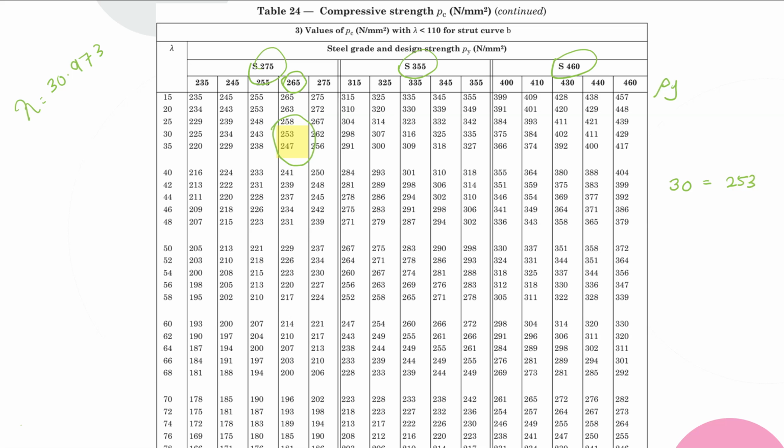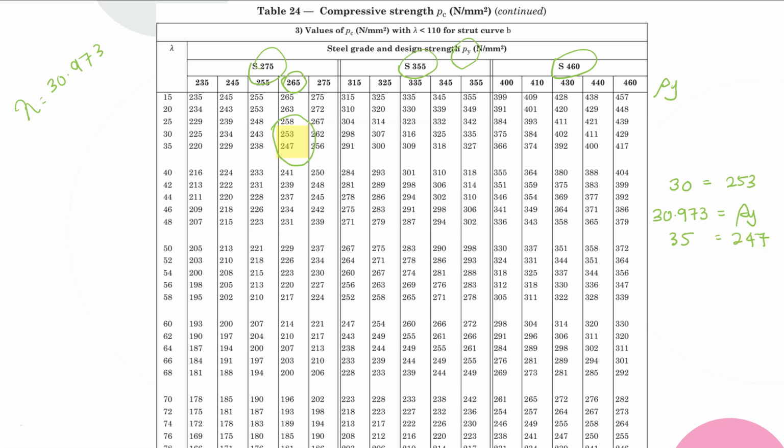And then sekarang ni kita nak 30.973 equal to value yang we don't know, which is PC, compressive strength of this steel, and then when it is 35, it is 247.